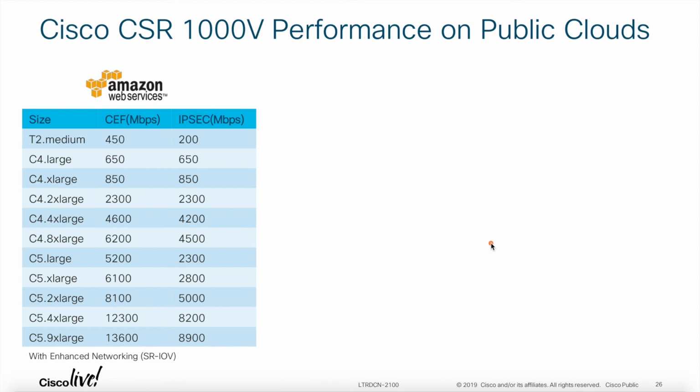When we test with IMIX packet sizes, it's about 200 or 300 like that. So don't trust this one. Also, this test was with enhanced networking, SR-IOV, but I'm not sure this can work on AWS instances or not. So trust yourself. Don't trust the vendor's information because the test result can vary case by case.